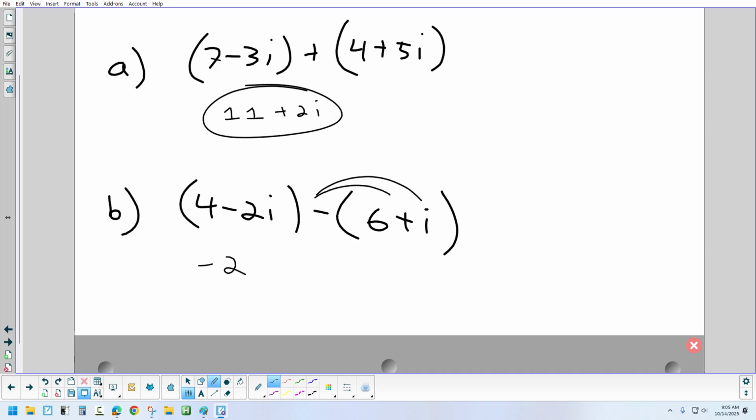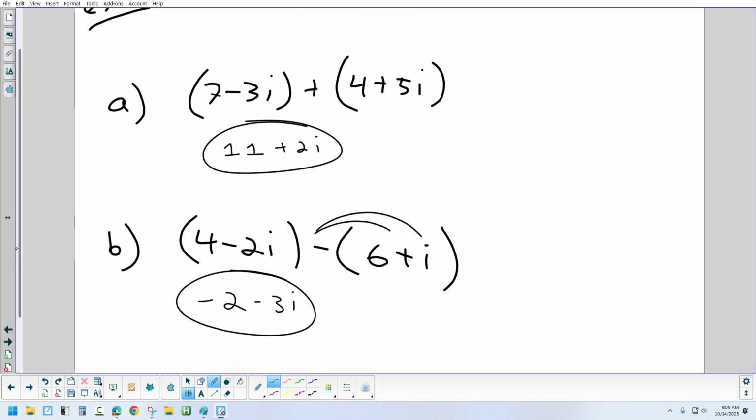So that's -2. And what about the imaginary part? Yep. What is it? -3i. Yep. So -2i minus 1i is -3i. Okay. So for adding and subtracting, that's all you got to do.